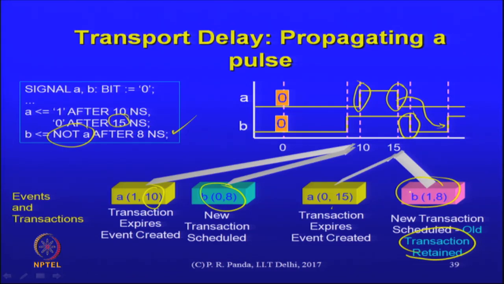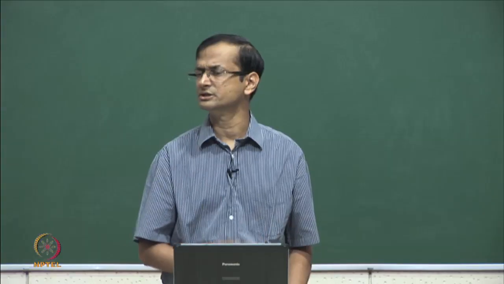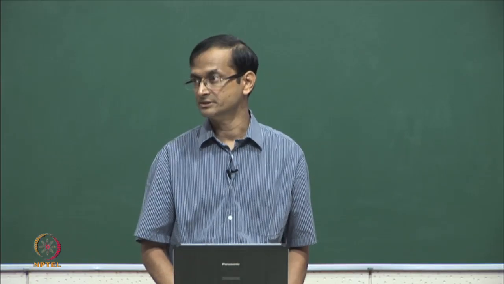So, the mechanism is almost exactly the same. The way the events and the transactions are processed, they are common, but depending on whether the signal that is being assigned to is an inertial delay assignment or whether it is a transport delay assignment, we would make that simple change in the way it is processed in the signal queue.